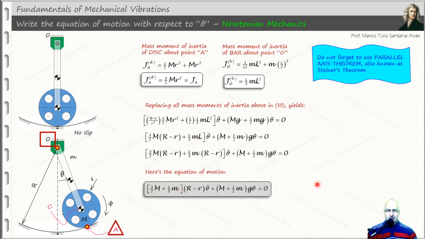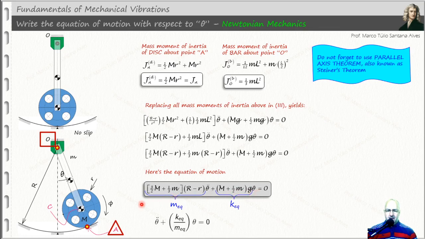But if you want, you can go on here to read another fashion for this equation. All this term multiplying the theta double dot is our equivalent mass, and all this factor here multiplying the theta is the equivalent stiffness.